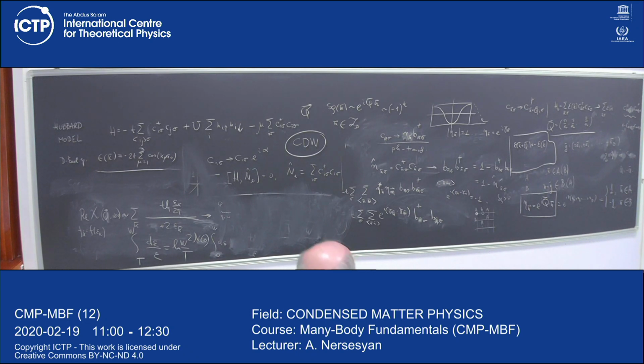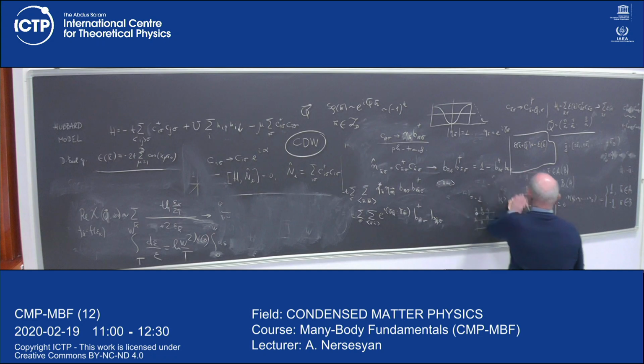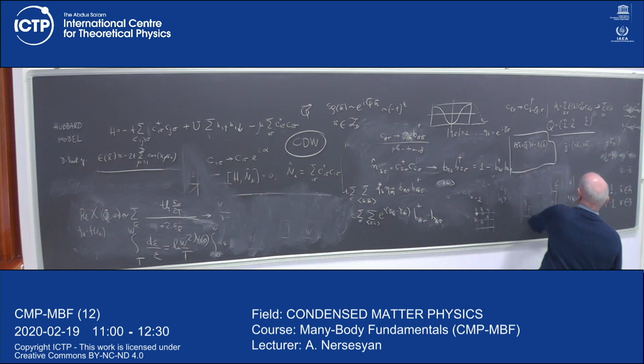Now the electron density, as an object, is described in terms of the so-called field operators. They're always a function of r. This is psi of r. I don't write the spins because the spins are irrelevant.